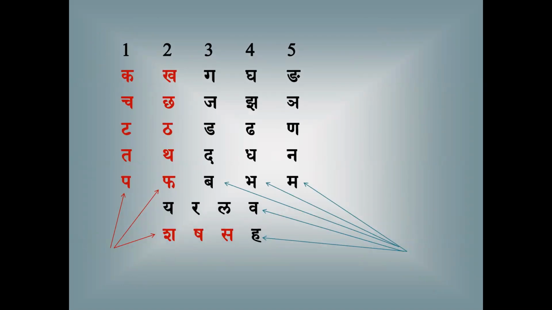The first letter of all the classes, the second letter of all the classes, that is ka, kha, cha, chha, ta, tha, ta, tha, pa, pha, and the first three sibilants, ushmanaha, sha, sha, sa. These are hard consonants. The rest, that is the third, fourth, fifth letters of all the classes, all the semi-vowels, and the last sibilant, are soft.